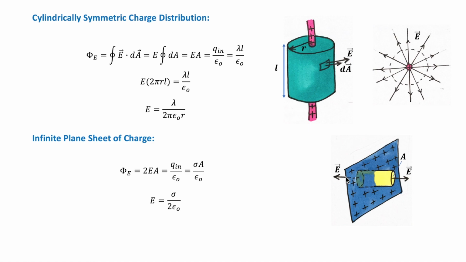So we will take a Gaussian surface that is a cylinder of area A, which is a cylinder that is perpendicular to the plane and whose center is at the plane, and we see that E, for this curved part of the cylinder, is perpendicular to the dA vector, right?